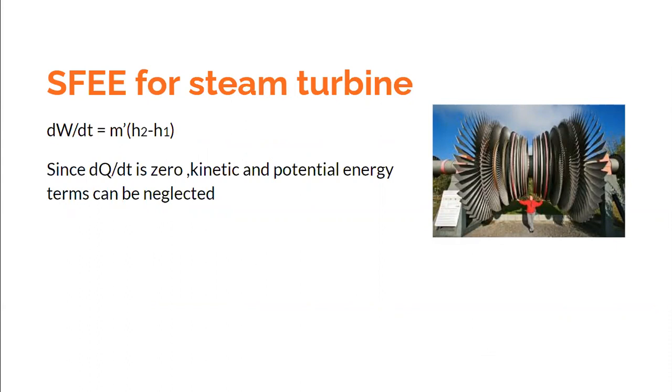The steady flow energy equation for a steam turbine gets reduced from the general form to a very simple expression, which is dw by dt is equal to m dot (h1 minus h2), because in most of the cases dq by dt can be 0 and the changes in kinetic energy and potential energy can be neglected. So this is an important finding and a very important equation if you want to analyze the steam turbine using the first law of thermodynamics.